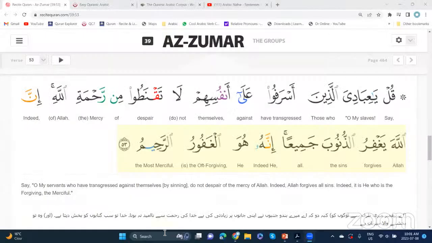Assalamu alaikum warahmatullahi wabarakatuh. Everybody can see the screen now? Yes. Is the sound quality okay? Seems okay. Just getting set up.